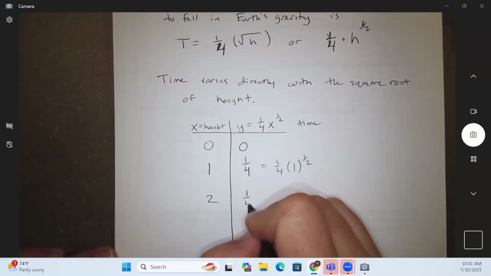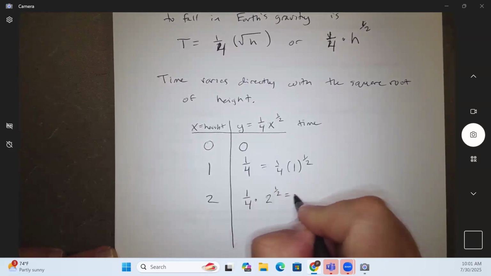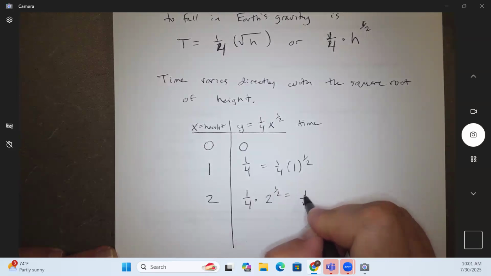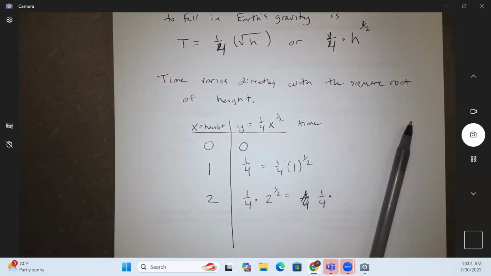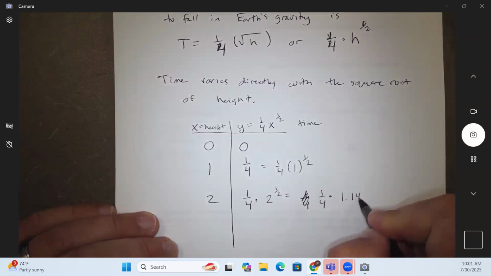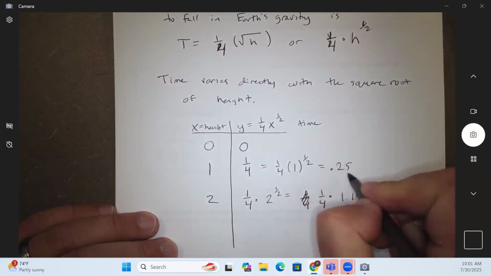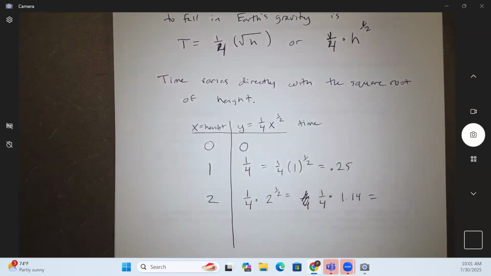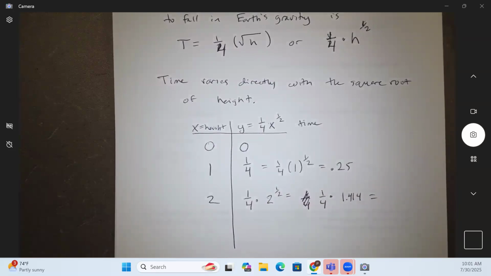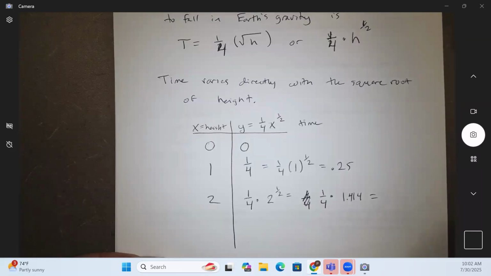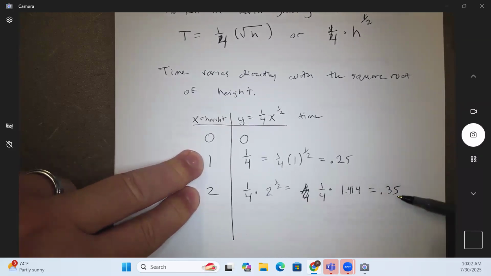It's going to be 1/4 times 2 to the 1/2, which is about 1/4 times 1.414, which is 0.35 seconds. I doubled the height, but I didn't double the time.